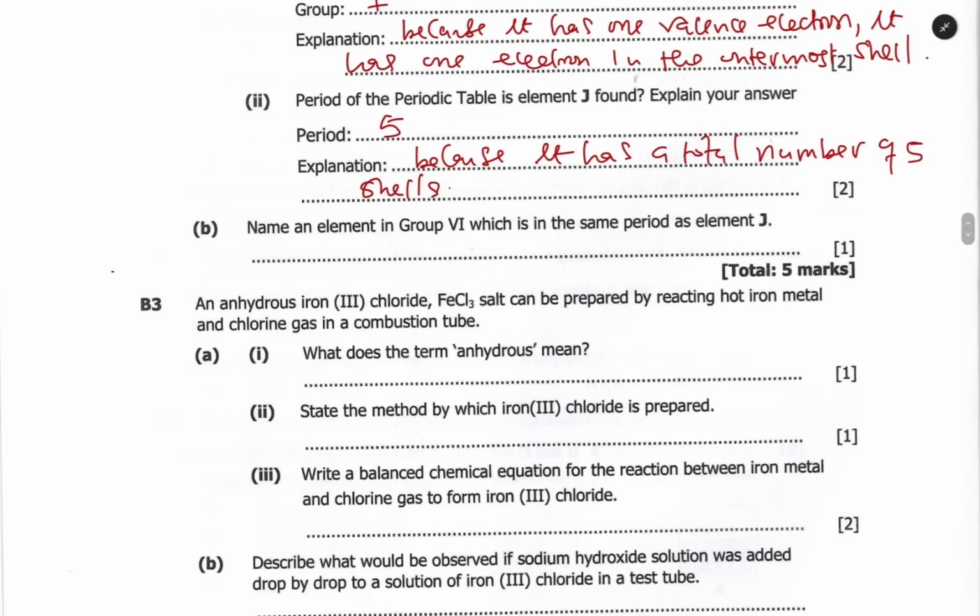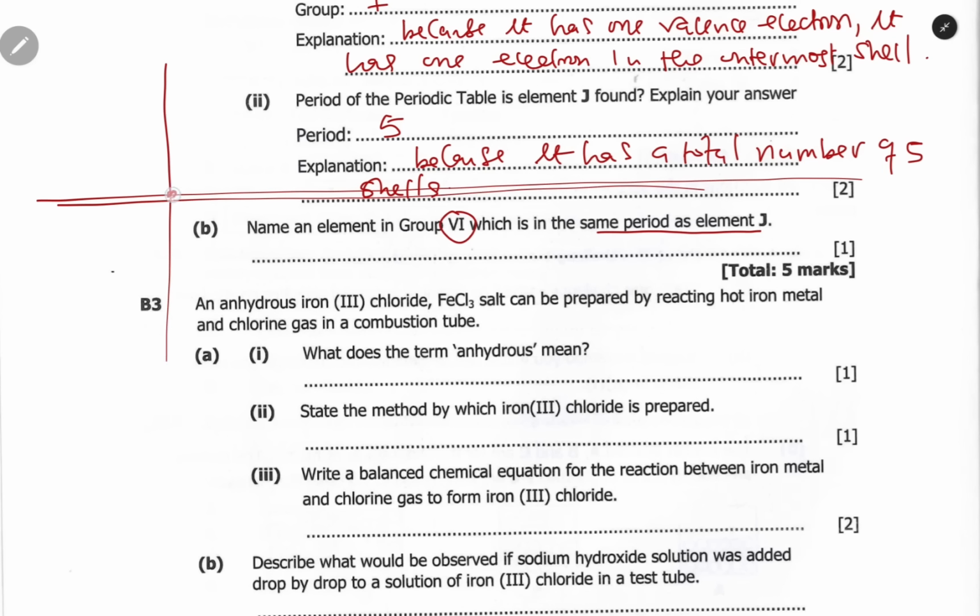Let us go to the next question. Name an element in group 7 which is in the same period as element J. So you go on the periodic table, move in the same period, period 5. You draw a line in period 5, then you go to group 7, and where they meet, you find it.